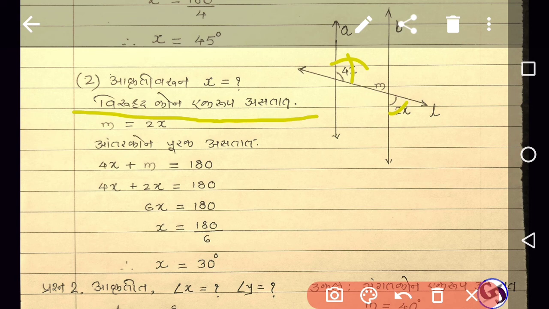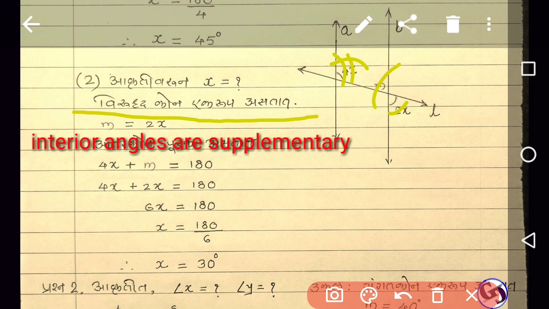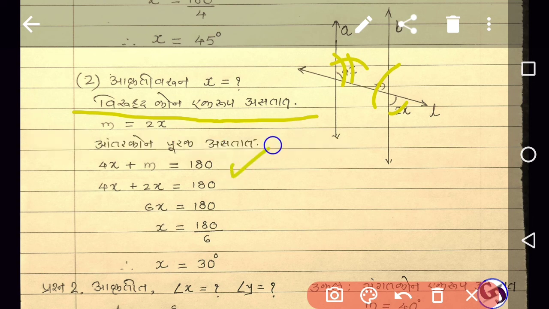Then what? 4x and m, both angles are inside the parallel lines. That's why both are interior angles, and interior angles are supplementary. 180 degrees. The sum of both means 180 degrees. Substitute the m value 2x.